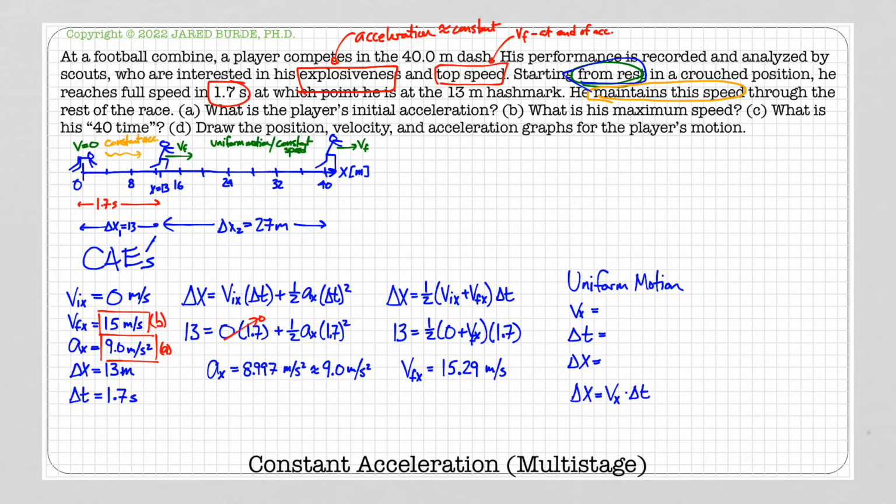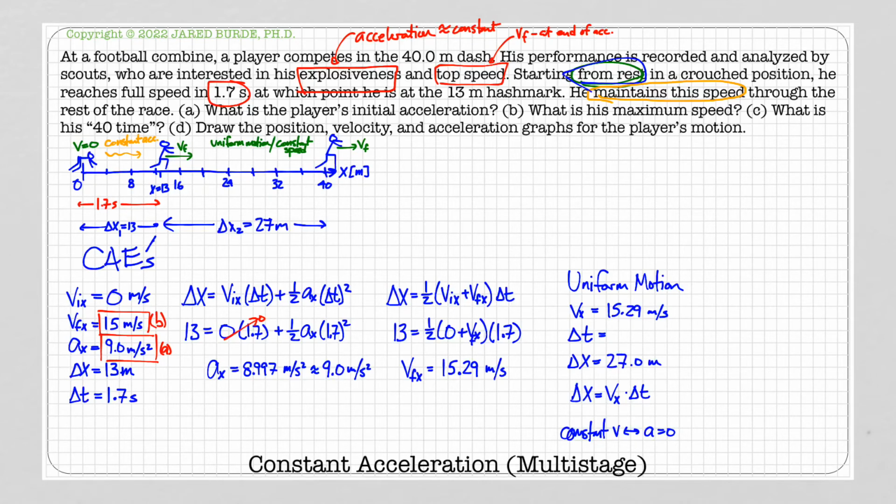This equation is what you get if you plug in 0 for the acceleration in any of your constant acceleration equations, because uniform motion is constant velocity motion, which also means that the acceleration equals 0. In this case, we know that the velocity during this segment is 15.29 meters per second. We're going to use the full value and round later. We also said that the displacement during this interval would be 27 meters. If he does 13 meters during the first part and 40 meters total, this would have to be 27 meters there.